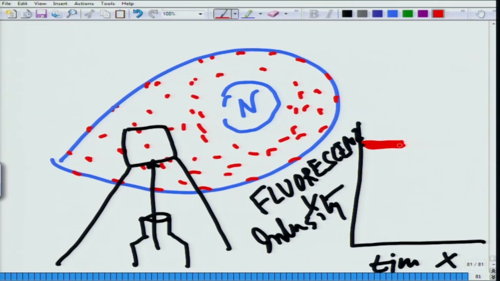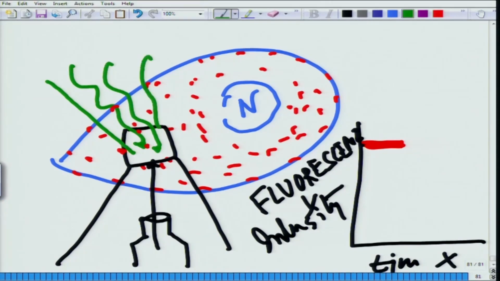Then, next thing, I bring a very strong laser beam, and here is a laser beam coming, some kind of a strong beam which bleaches the whole surface. In other words, bleaching the whole surface means it gets rid of all the fluorophores which are present out here. So, it is free from all the red.